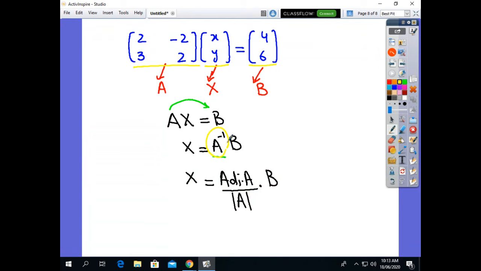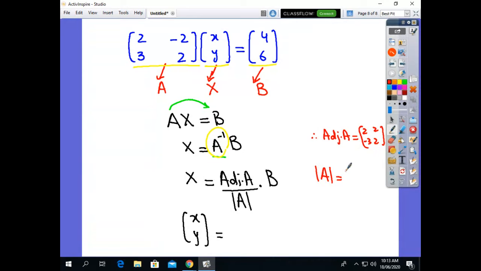Now we replace the values. Matrix X is x, y. We replace adjoint of A. What is adjoint of A? Adjoint of A is 2, 2, 2 and negative 3. And what is determinant of A?